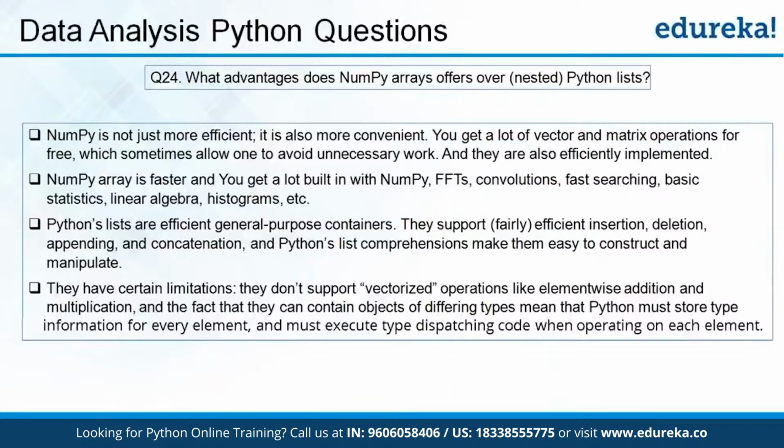Lists are general purpose containers, effective in regular insertion, deletion, appending, concatenation, etc. And it is dynamic in nature. But it does not support vectorized operations like element-wise addition, multiplication, division. All these operations are not supported, which is what the advantage actually is. Does that answer your question, Roma?